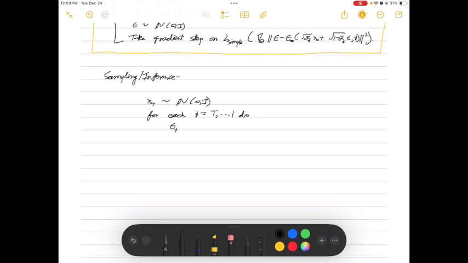First, we will sample Gaussian noise, which is a reparameterization of the previous sample, and then we will compute the previous sample by denoising it from the current sample x of t.